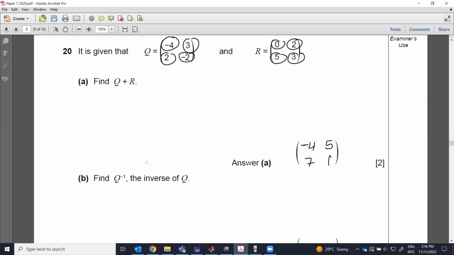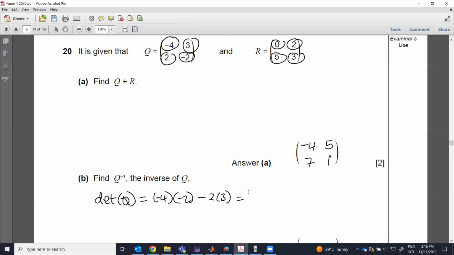Okay, now we want the inverse of Q. Now finding the inverse of a 2x2 matrix is very easy. First, we have to work out the determinant. So the determinant of Q, here you multiply the two elements in the leading diagonal. So you say -4 times -2, and then you subtract the product on the minor diagonal, so 2 times 3.